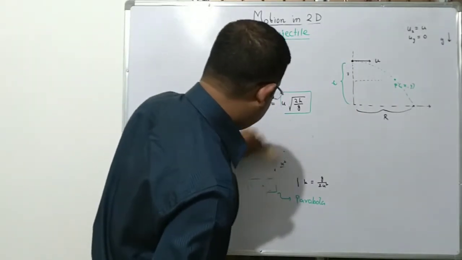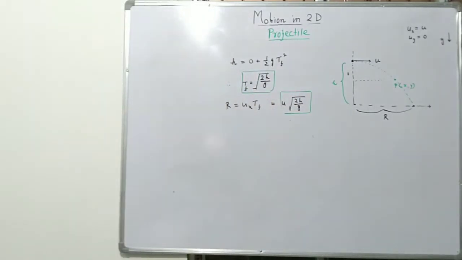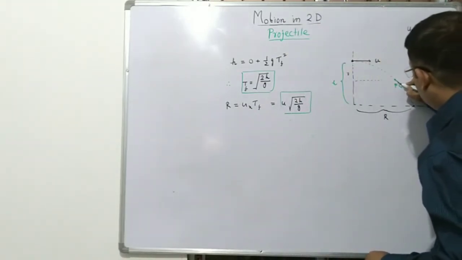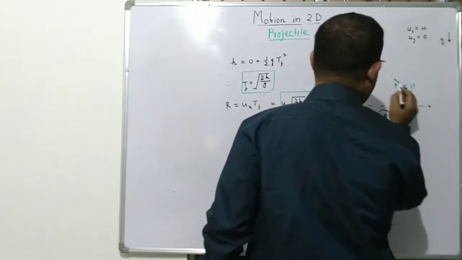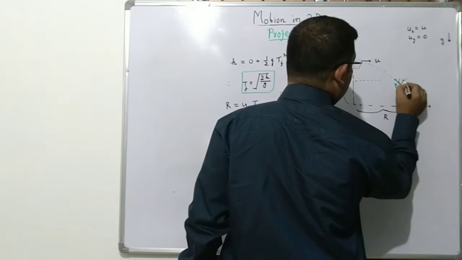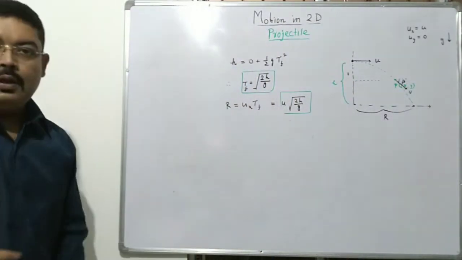Now, if we move further and consider the velocity at point P, let's call this velocity V, and it will make an angle of, say, beta with the x direction downwards.